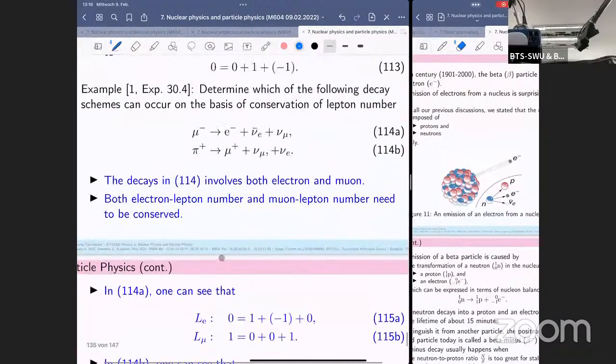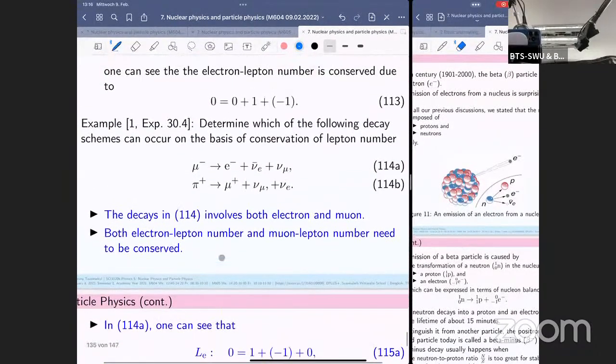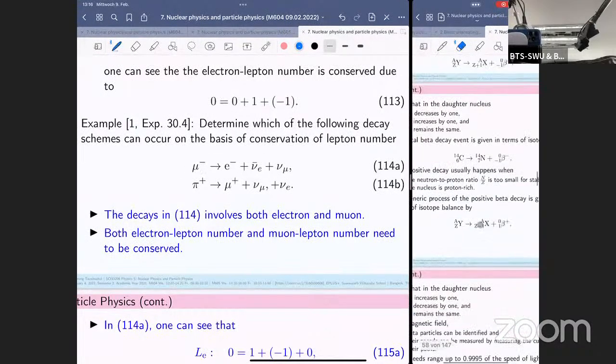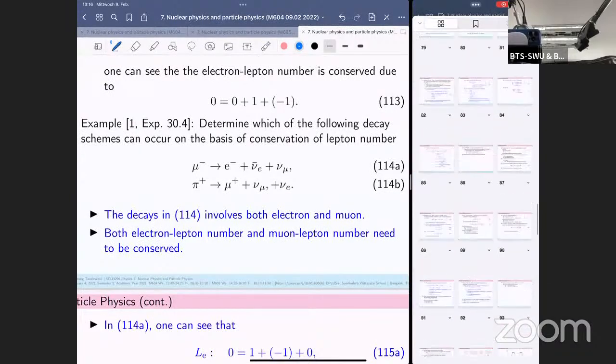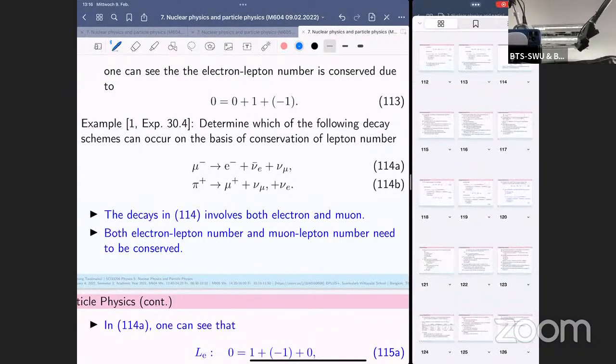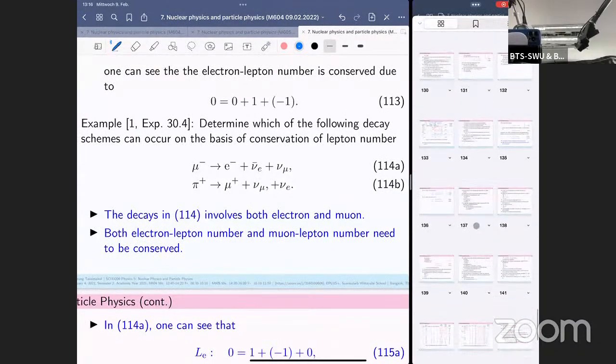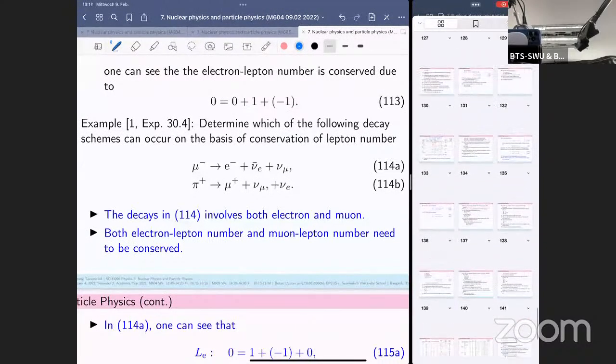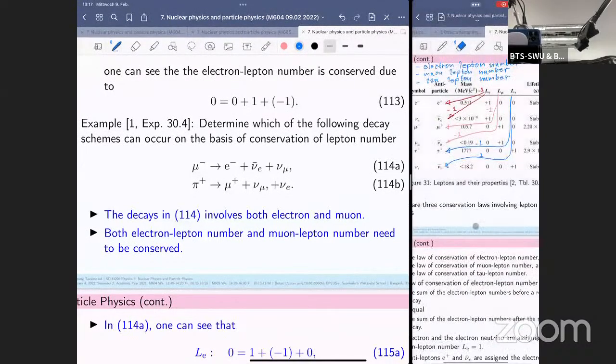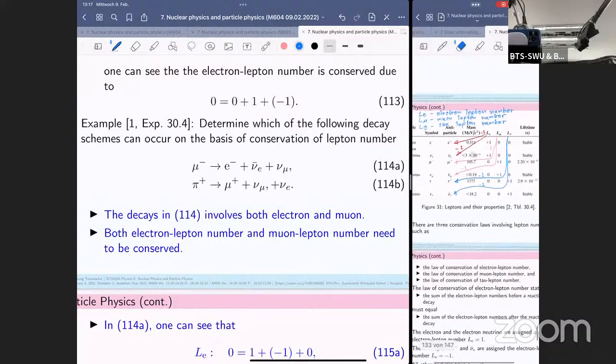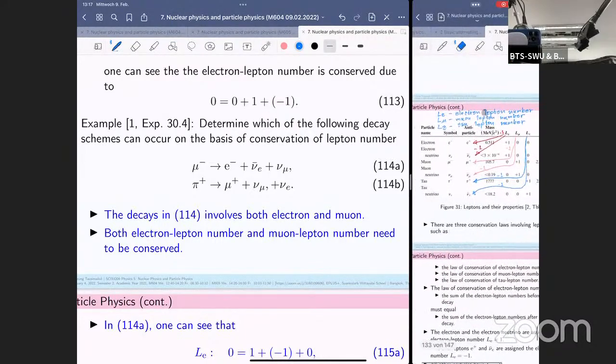All right. So if you take a look at this equation and you consider only the electron-lepton number, let me open the lepton table.